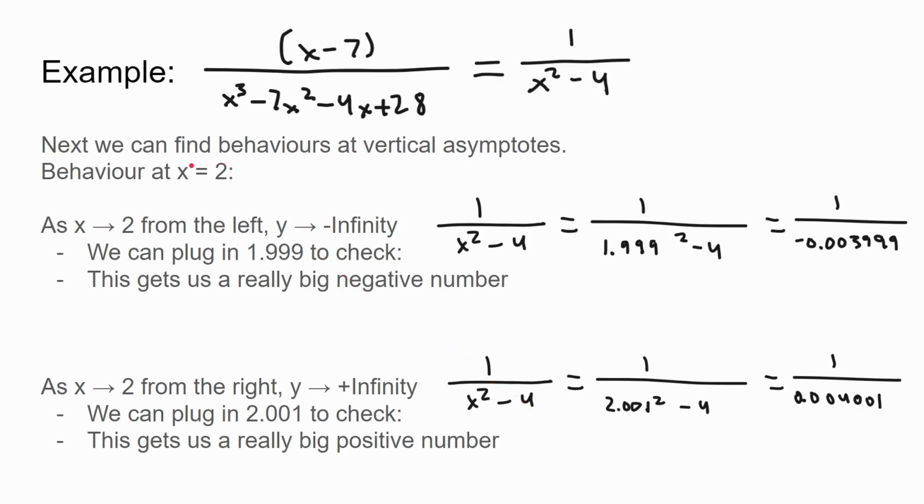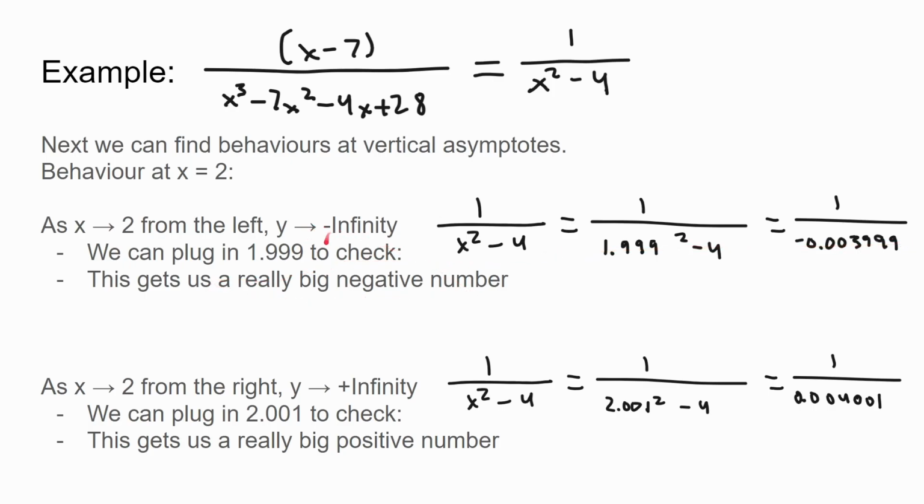And now we can look at the behavior at x equals 2. So as x approaches 2 from the left, y approaches negative infinity. So how do we know this? Well, we can plug in 1.999 to check because it's directly to the left of 2. So when we plug this in, we get 1 over negative 0.003999, which gets us a really big but negative number.